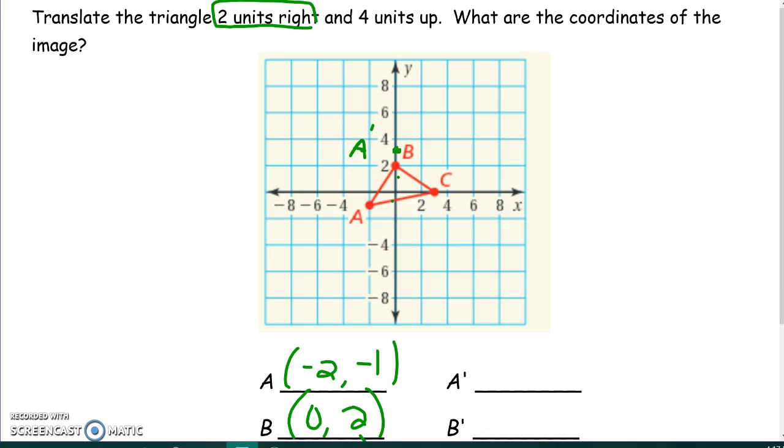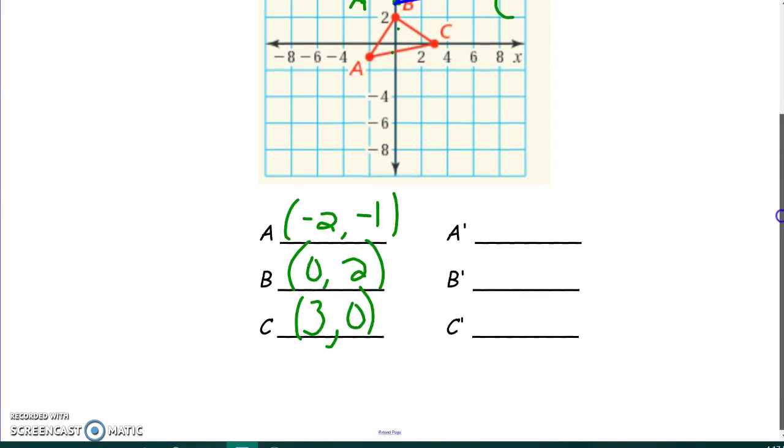Now B prime, over 2, up 4. And C prime, over 2, up 4. Okay, connecting those. And there you go.